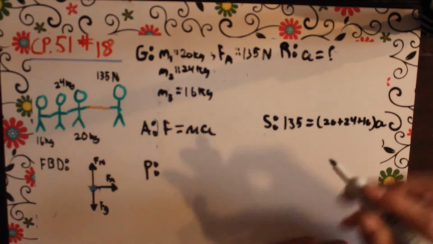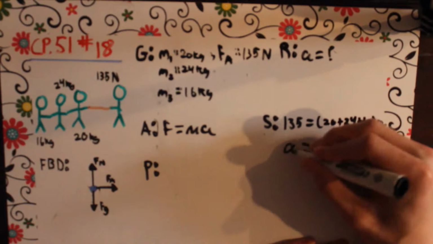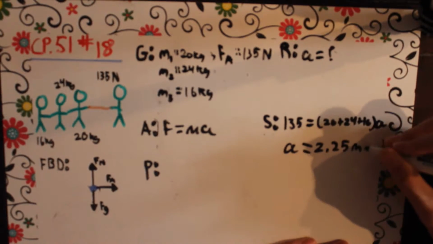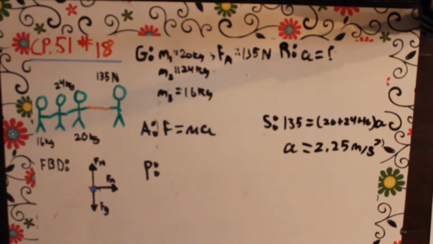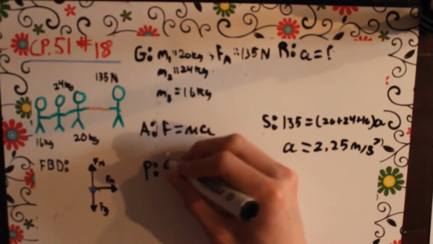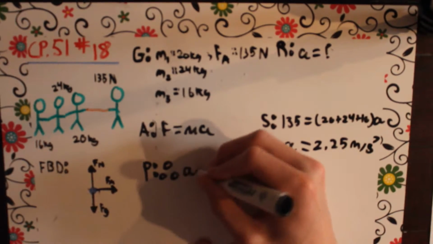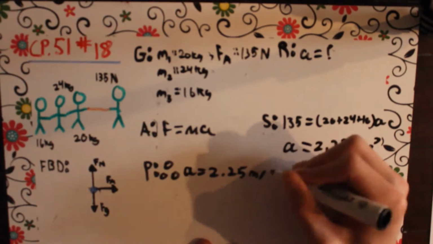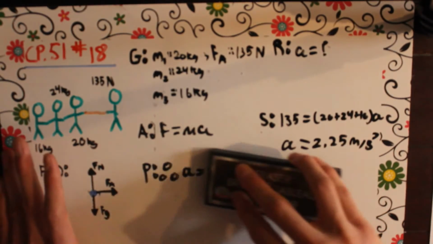And by that, we can divide 135 newtons by the mass to get an acceleration of 2.25 meters per second squared. And therefore, the acceleration of the system is equal to 2.25 meters per second squared. Now that was question A.